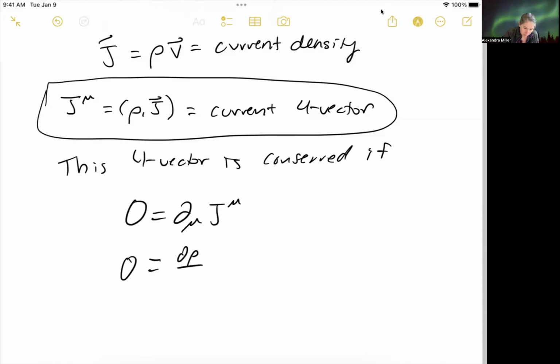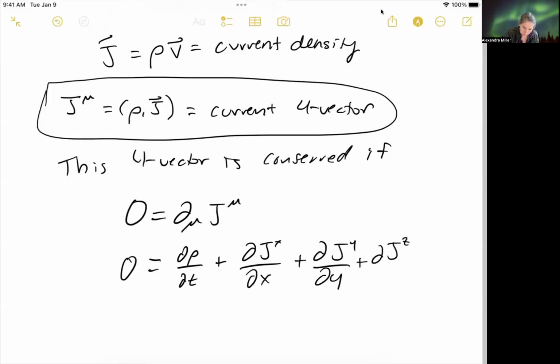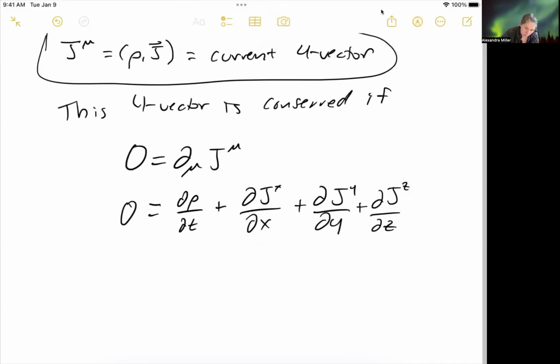And remember, we actually write out this dot product. Which we can write in a sort of simpler way. So this is d rho dt.